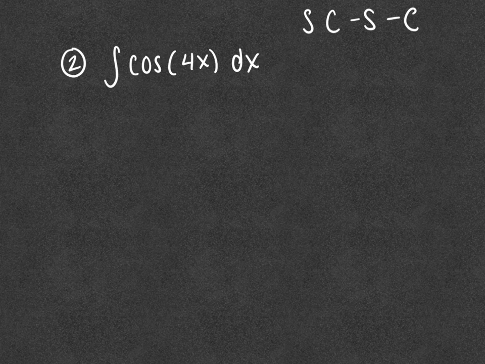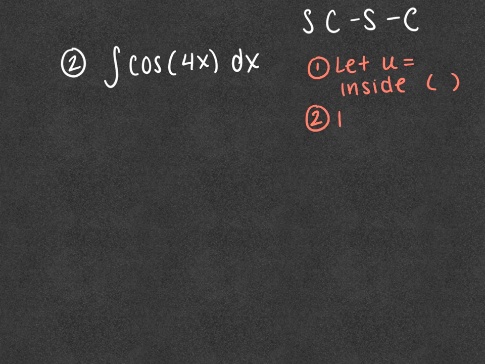So kind of like we did before, we're going to let U equal what's inside the parentheses. And then follow the same steps. Step 2 would be to find du, and same thing as before, step 3 will be to solve for dx.